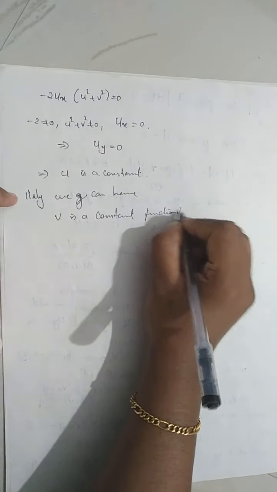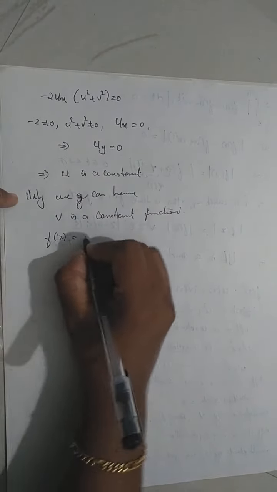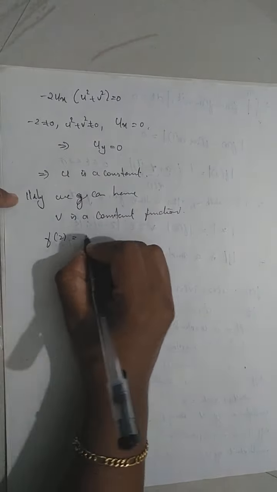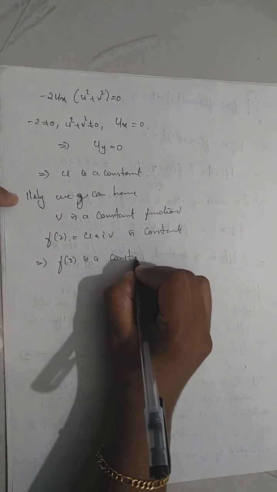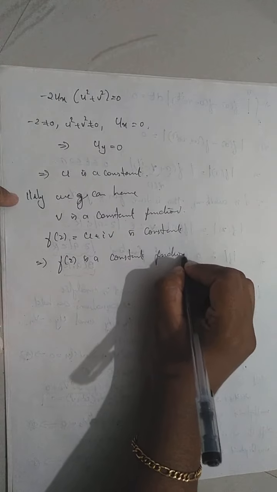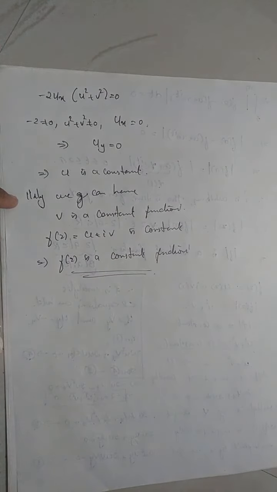When u and v are constant, f(z) = u + iv is constant. So our function f(z) is a constant function. So we proved that our function f(z) is a constant function by using that |f| is a constant function. Okay, thank you.